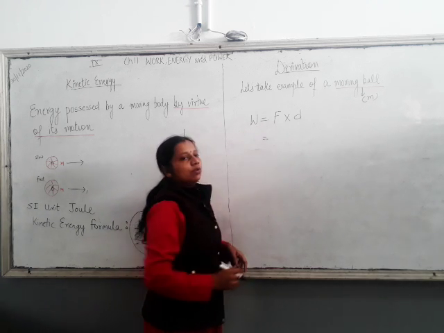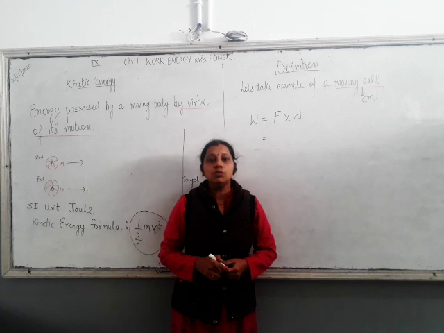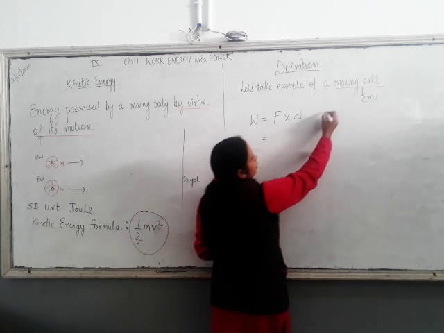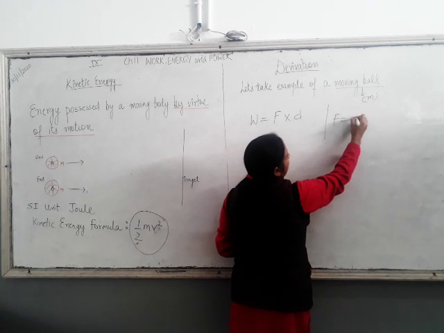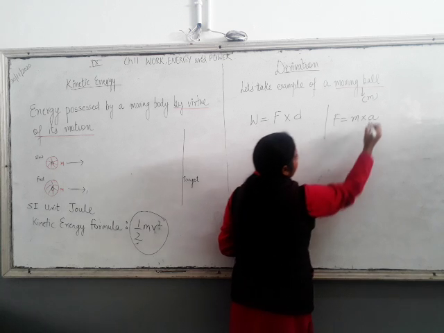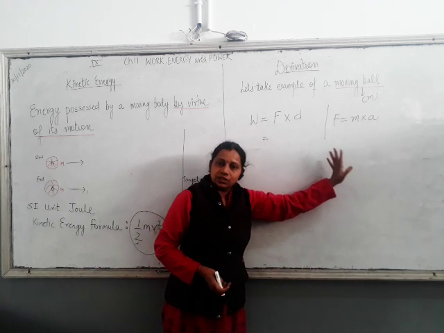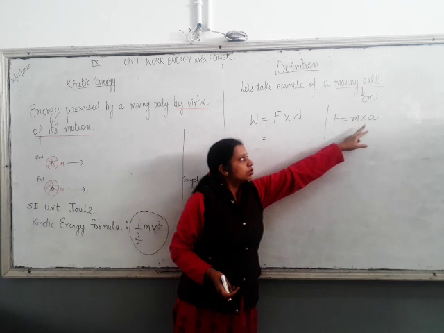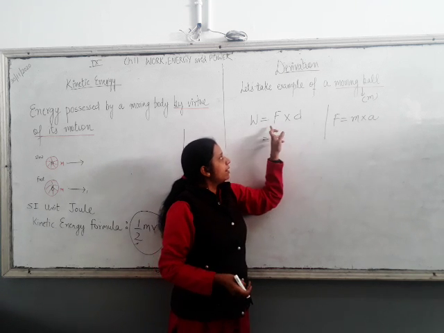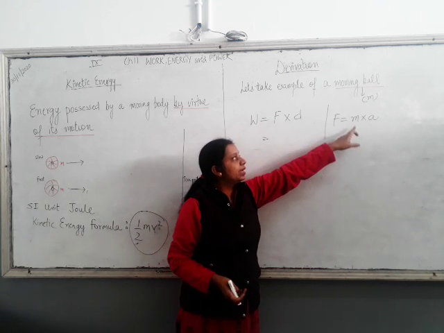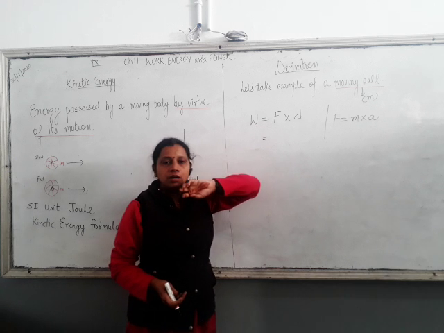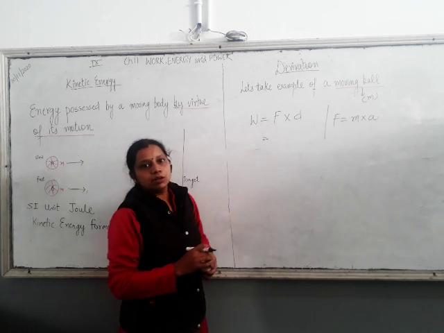Now force, you know what is force? Mass into acceleration. This ball is moving, so it is going to have some acceleration. So instead of F here, I will write m into a, where m is the mass and a is the acceleration of that ball.